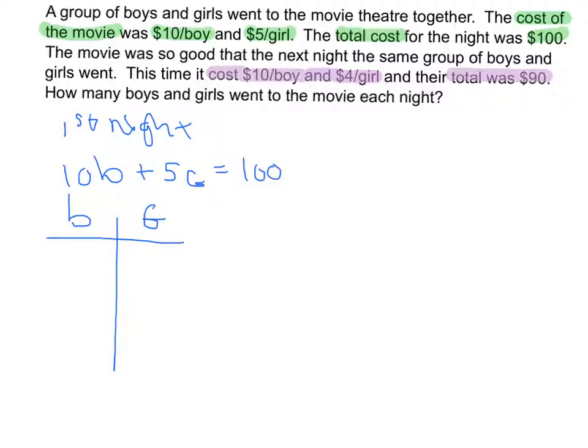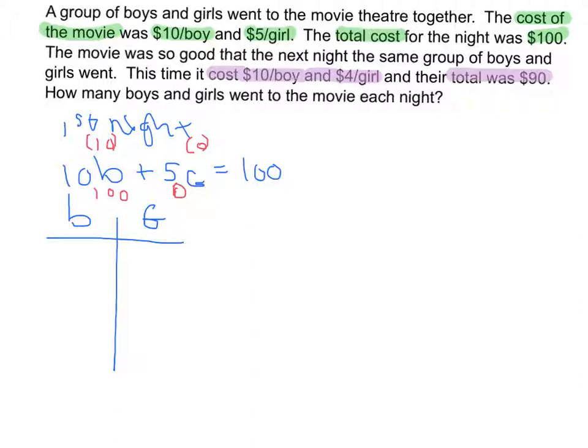So for instance, if there were 10 boys, well, that would be 10 times 10. That would be 100, plus what equals 100? Well, that means that there must have been 0 girls, because 100 plus 0 is 100.